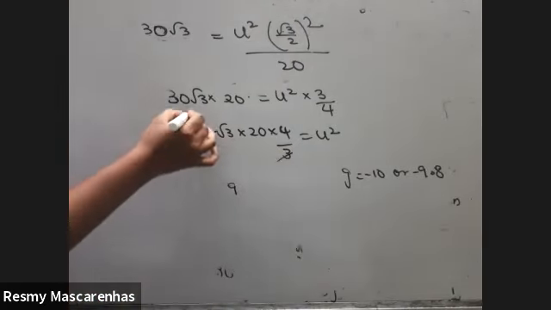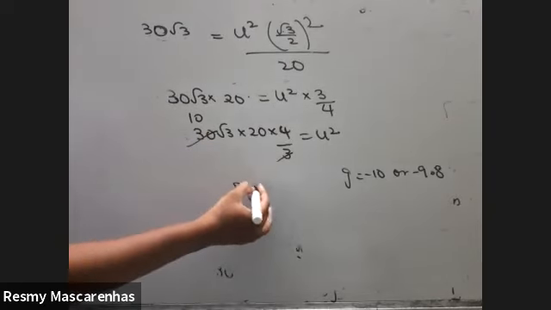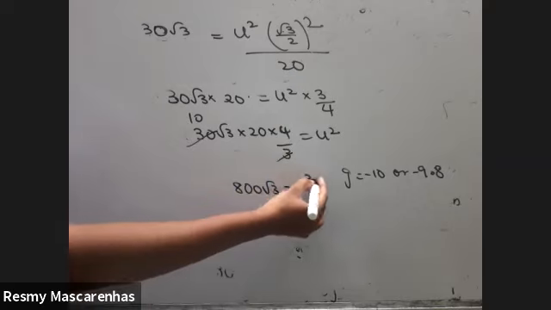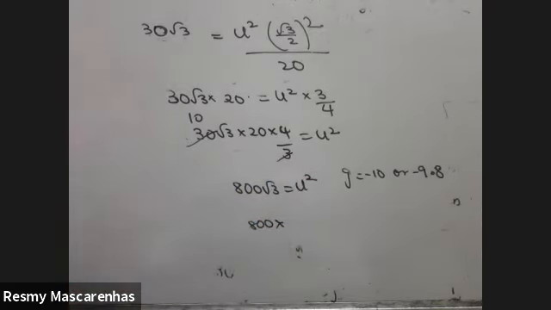I can cancel 8, 800 into root 3. Root 3 value 1.73.